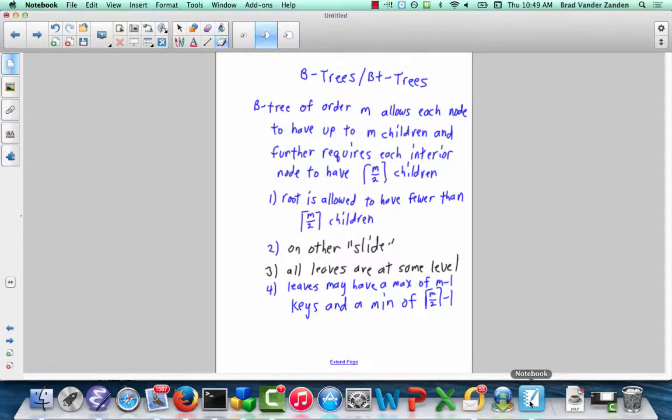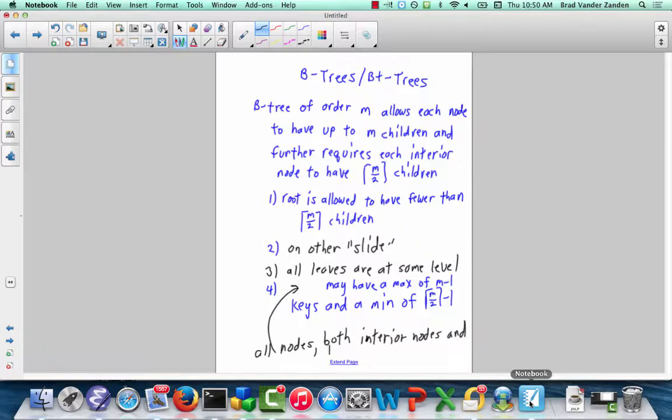Actually, let's do this. All nodes, both interior nodes and leaf nodes, may have a max of m minus 1 keys and a min of the ceiling of m divided by 2, minus 1.